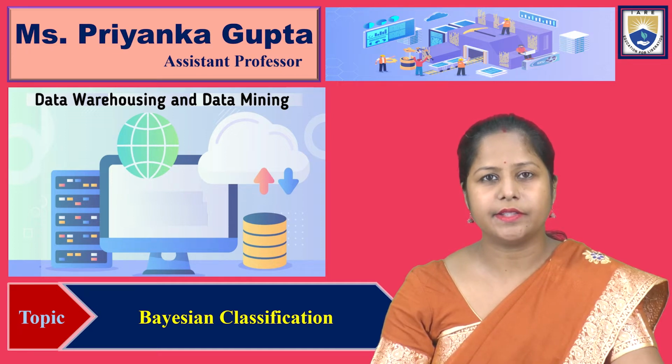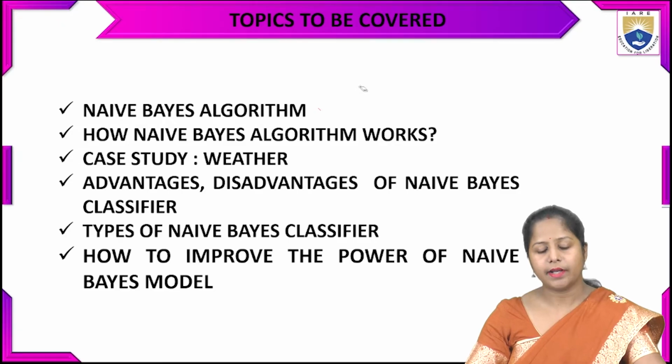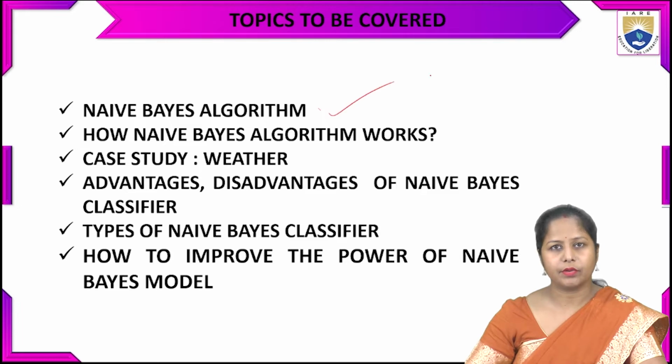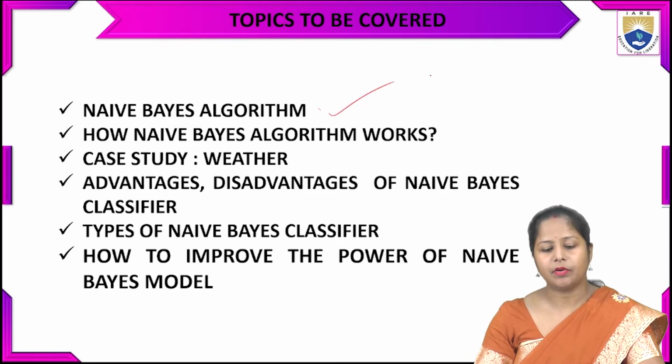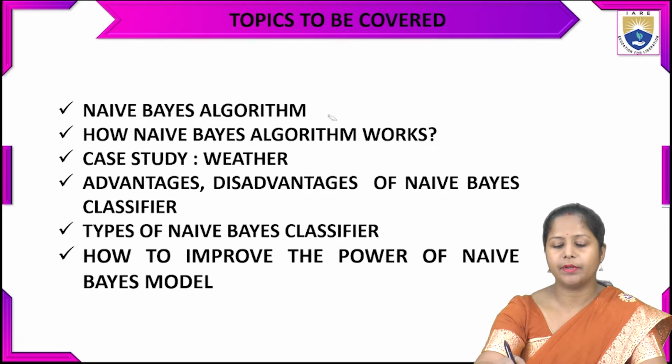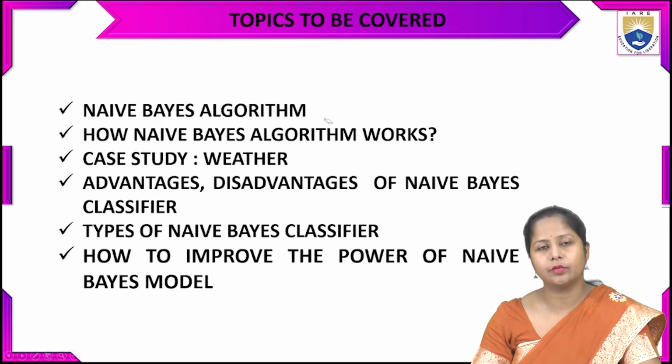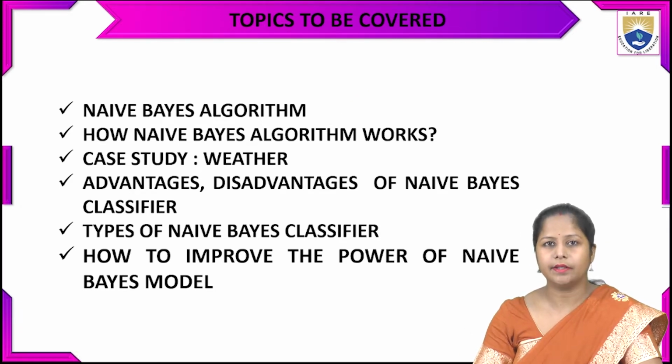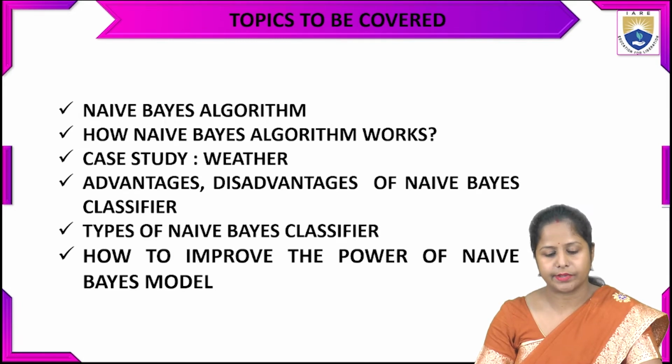So today I will cover the Naive Bayes theorem. Then we will discuss how it works. We will take a case study of whether a player is going to play or not. For that, we will take the classifier and see the results.